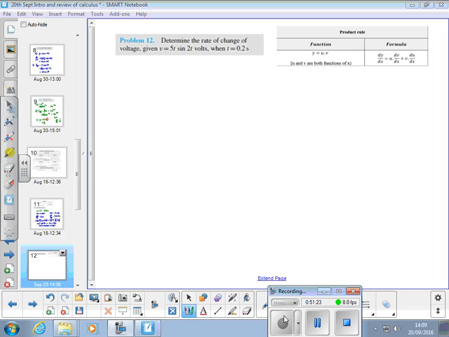So what you've done, let Y equal 5T, and let, what's the other half? What other variable did you use?